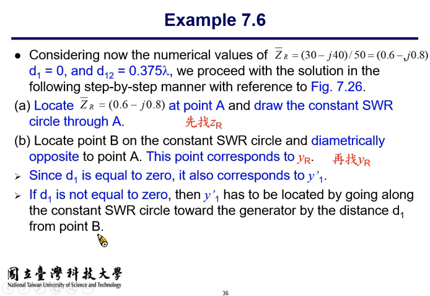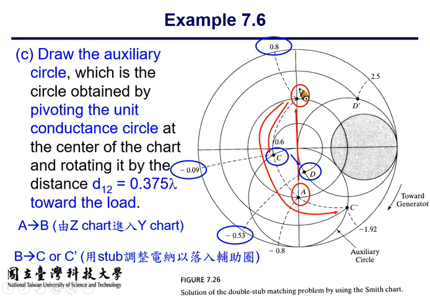So you can read the admittance of the load, that is YR, according to the real and imaginary part values that go through point B, and it happens to be 0.6 plus j0.8.